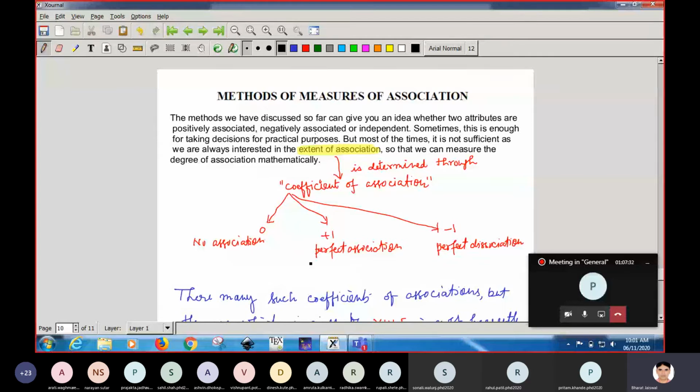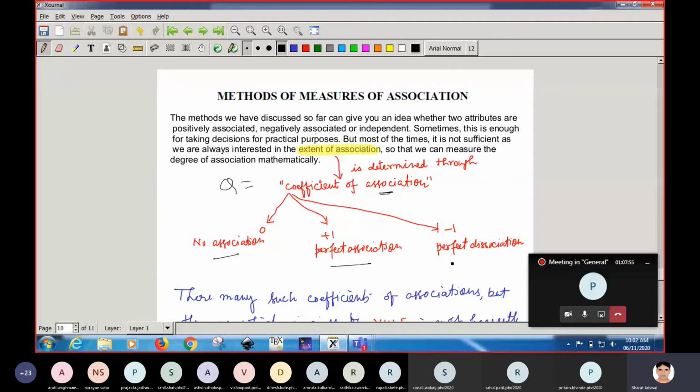So these can be determined by the coefficient of association, similar to what we did for correlation. The coefficient of association is denoted by capital Q here. If it is 0, there is no association. If +1, that will be perfect association.